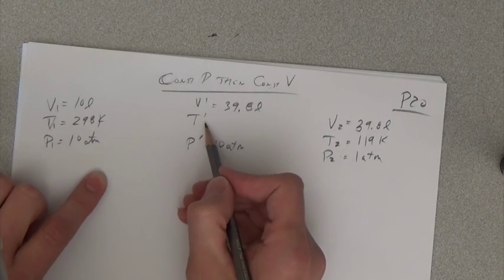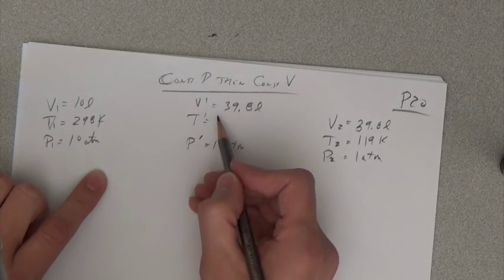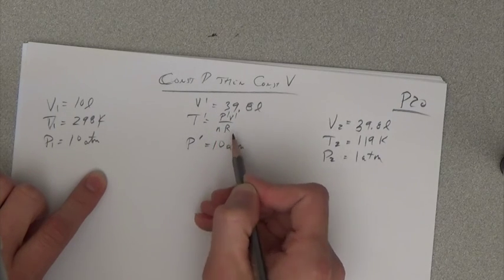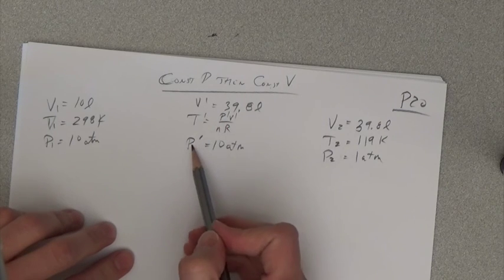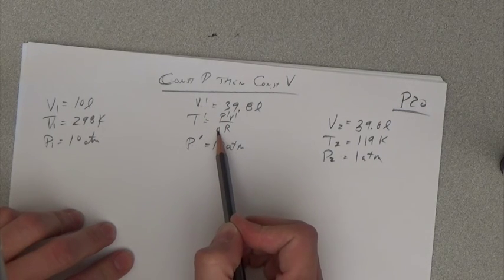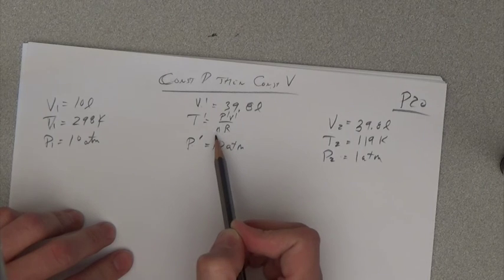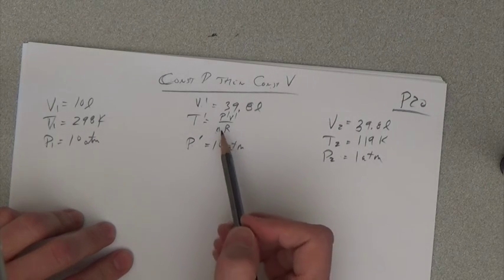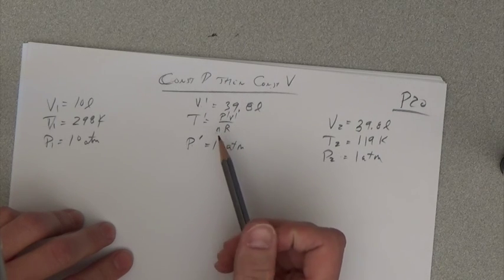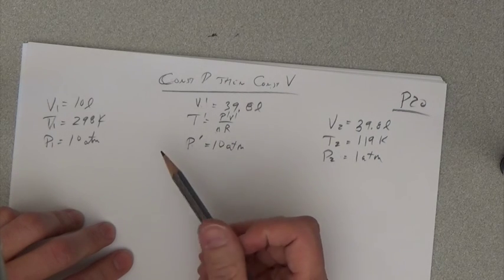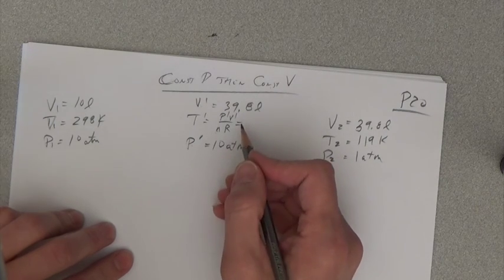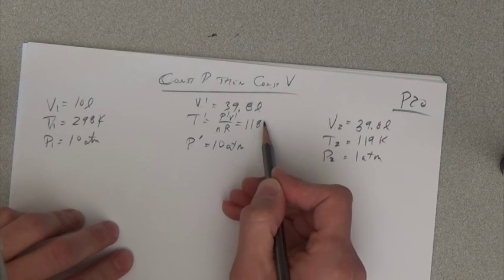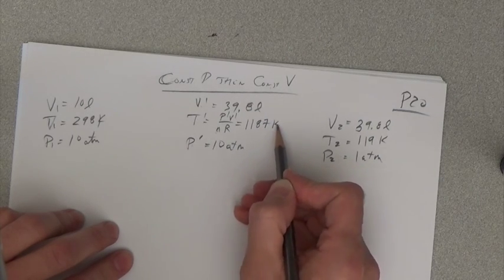T prime is equal to P prime V prime over NR, substituting in P prime V prime, 4.09 for the number of moles and 8.2 times 10 to the minus 2 atmosphere liter per mole Kelvin. We wind up with T prime is equal to 1187 K.